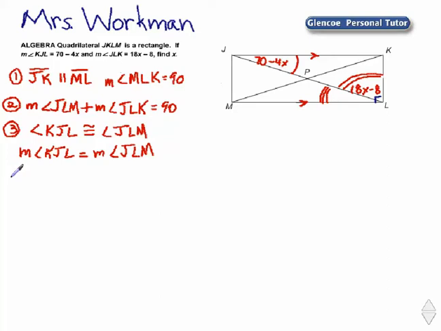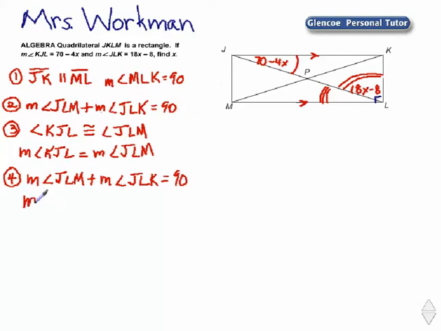Alrighty, let's move on to the next step. I'm just building pieces of information that we're going to put together. We know that the measure of angle JLM plus the measure of angle JLK is 90. We went through that up in this step.